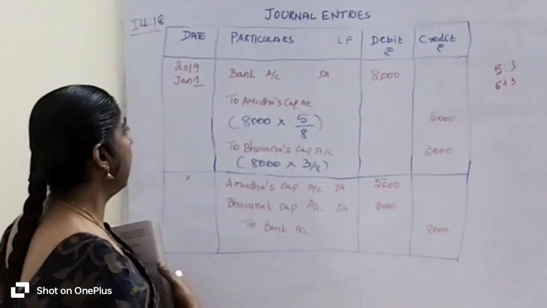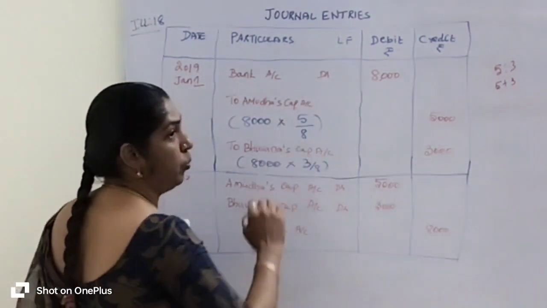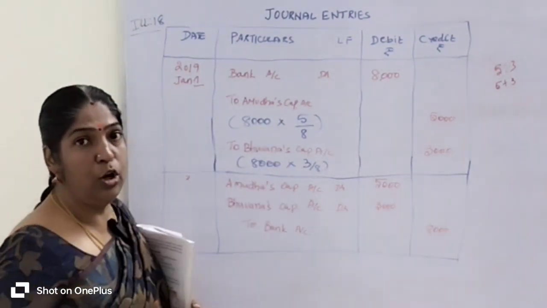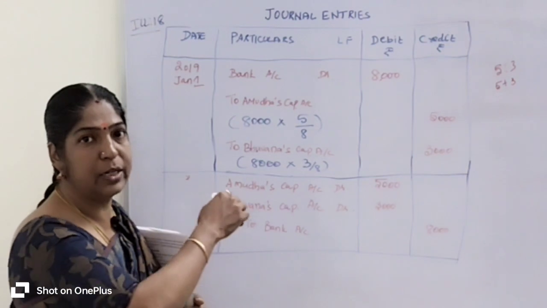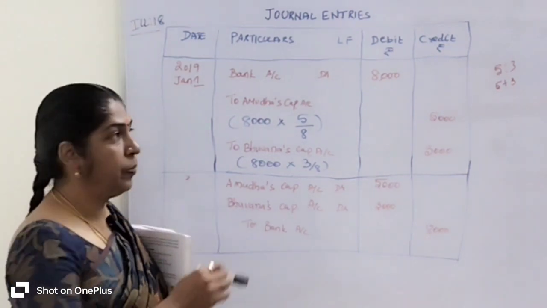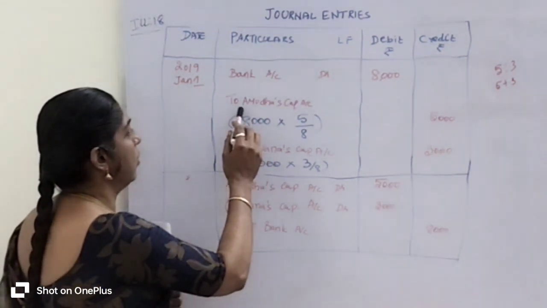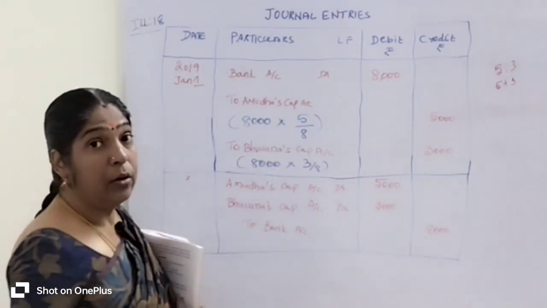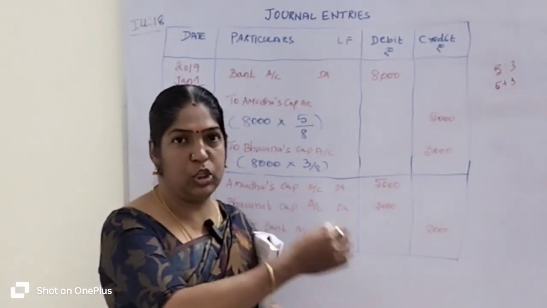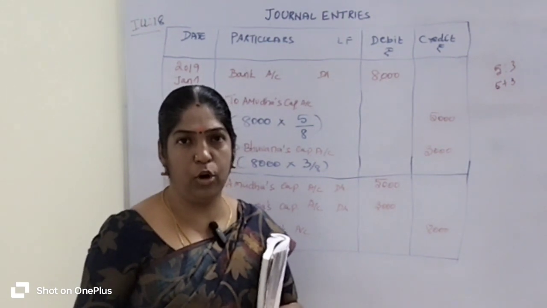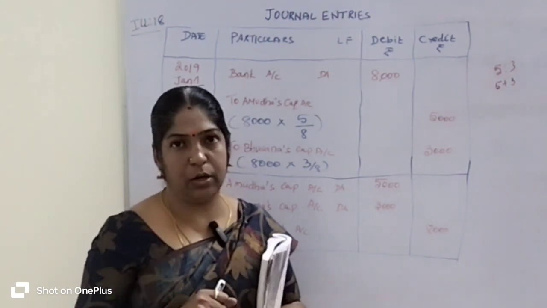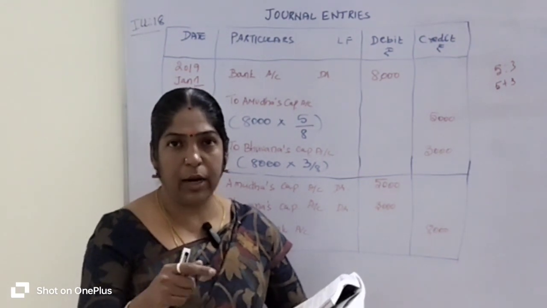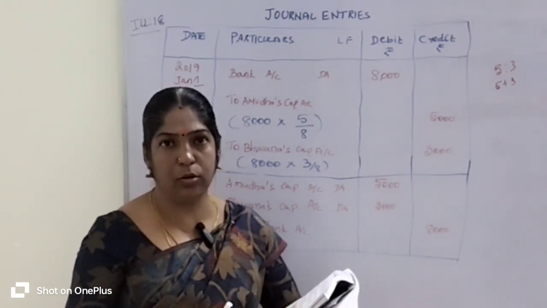As per the format, bank account debit ₹8,000, cash for goodwill, to the respective old partners, Amuda and Bhuvana's capital accounts. How do we distribute the goodwill to the old partners? In the sacrificing ratio. But the sacrificing ratio is not given in the question. How can we distribute the goodwill amount of ₹8,000?